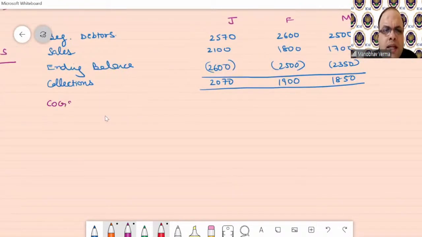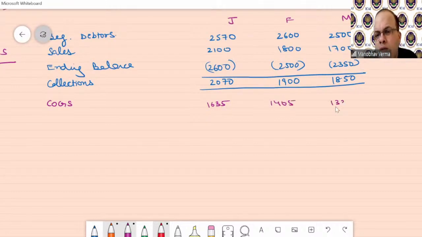From the income statement, I'll be a little quick here. So looking at our 1635, 1405, and the third month given to us is 1330. And then we have closing stock. $1,200, $1,100, and 1,000.